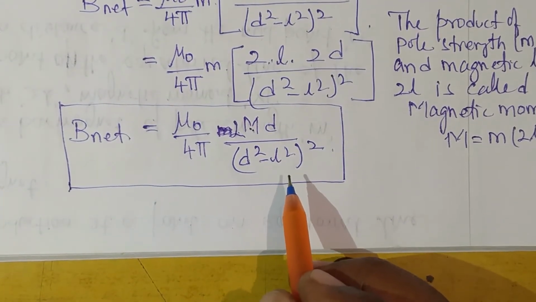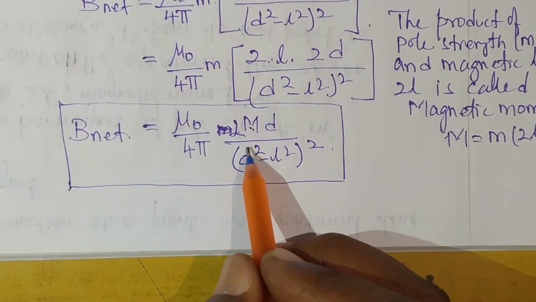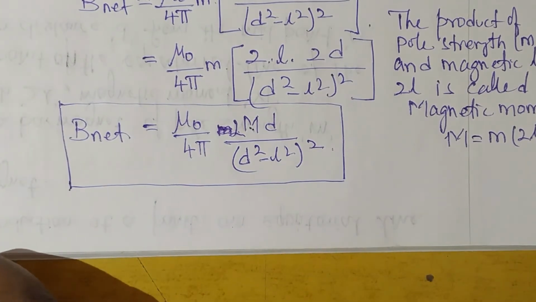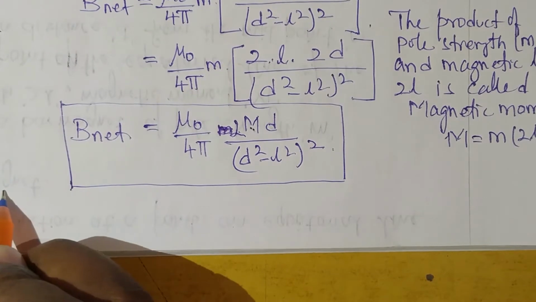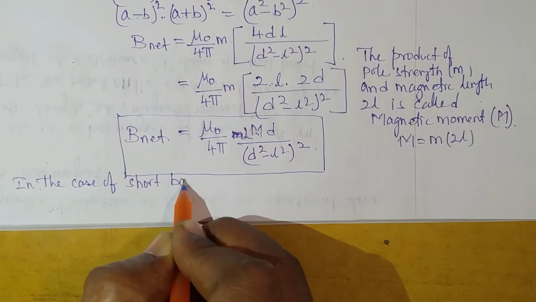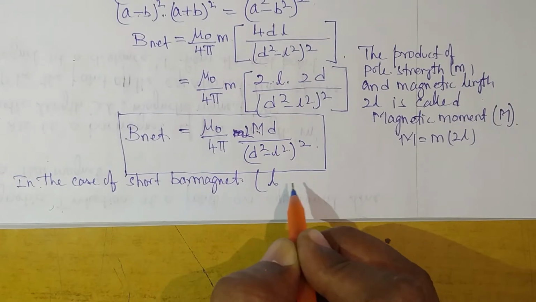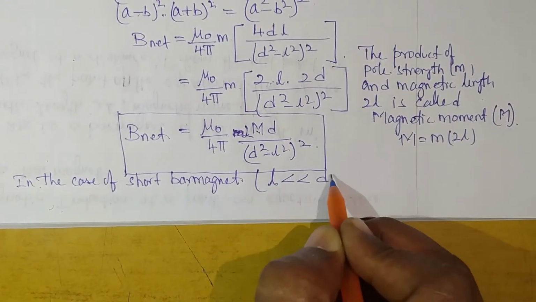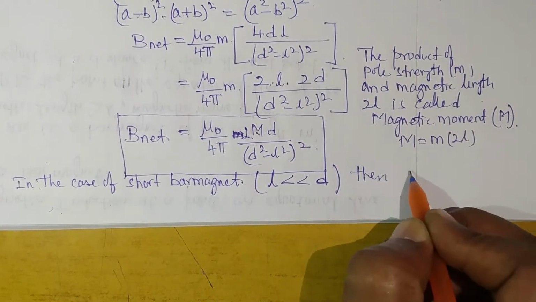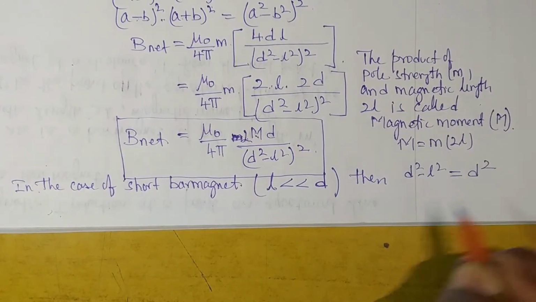Short bar magnet means the length of the bar magnet is far less than the distance between the center and the chosen point P. So, in the case of a short bar magnet, where the length of the bar magnet is far less than the distance of P from the center of the bar magnet, then d square minus L square will be equal to what? d square.